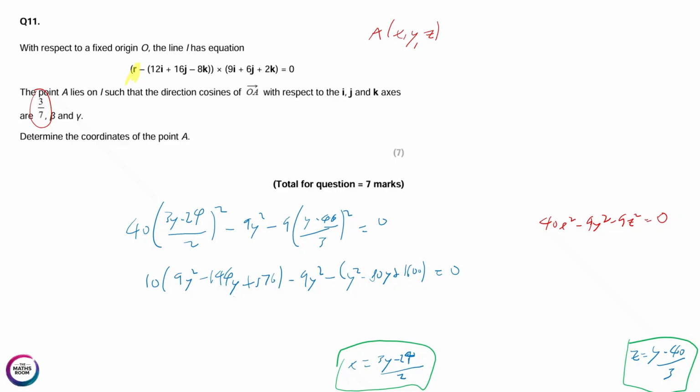So altogether I've got 90 minus 10, so 80y squareds. Okay, so that deals with that one, that one, that one. My y's, I've got minus 1440 plus 80 gives me minus 1360 y's. That's that one done.